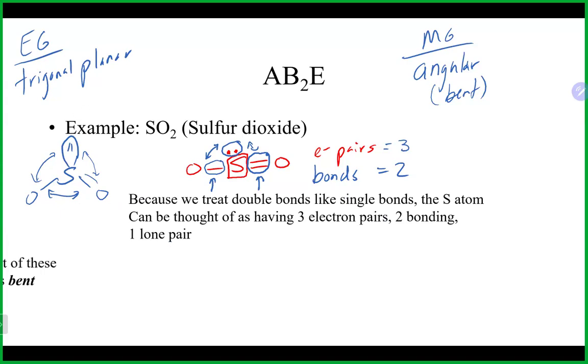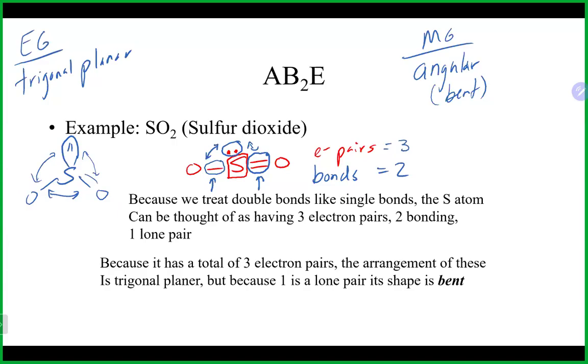And the bond angle here is less than 120 degrees. It is based off a trigonal planar, but we have one less bond, so it will actually be a little bit less than 120 degrees.